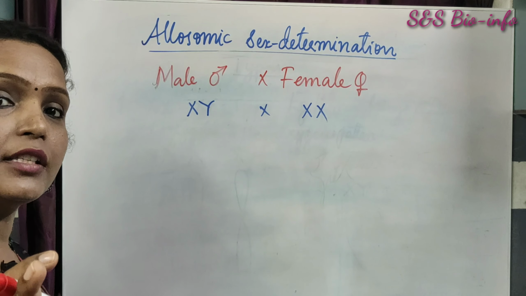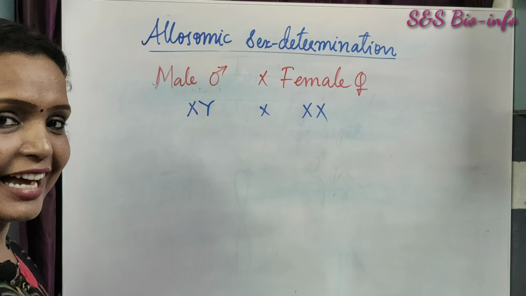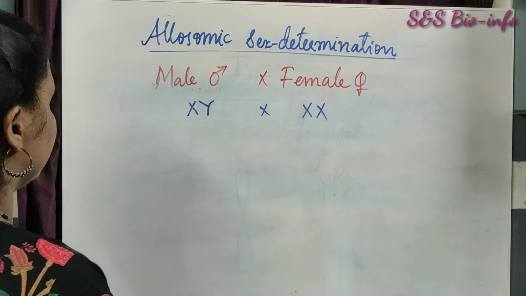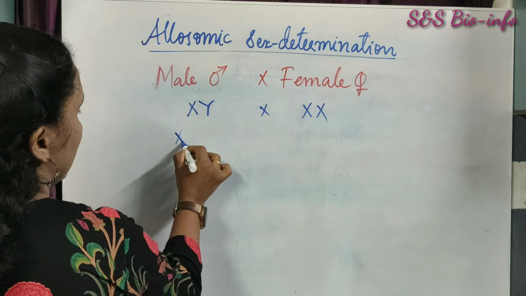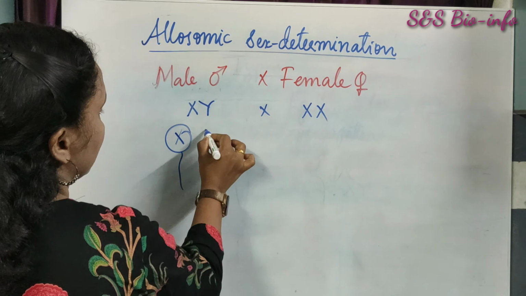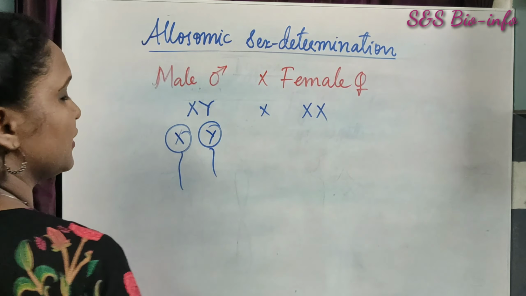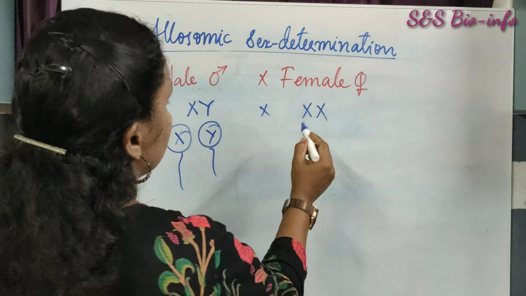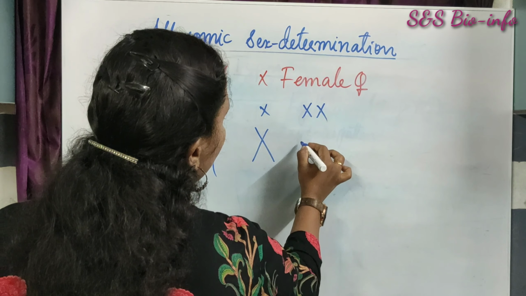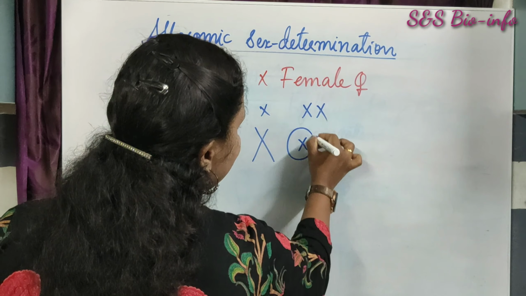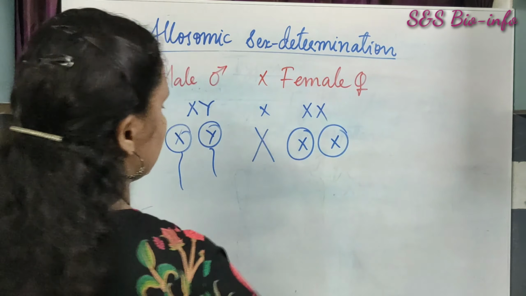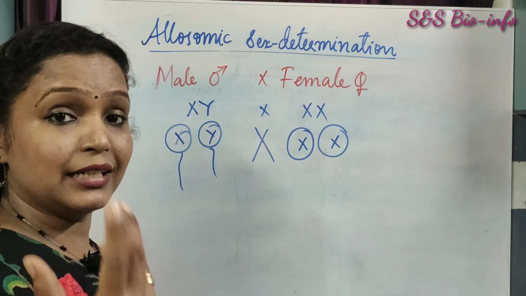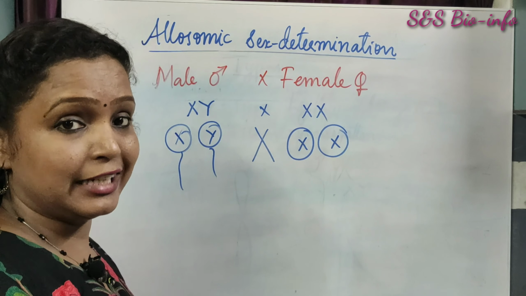Here the male gametes are of two types, X carrying and Y carrying. It can be represented as X carrying gamete, Y carrying gamete. Okay, but in the case of female, only similar type of gametes are produced, only the X carrying ova. Then let's understand how fertilization take place here.